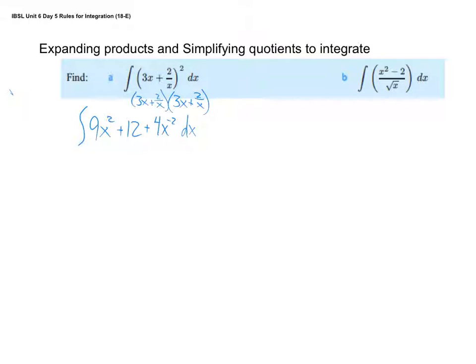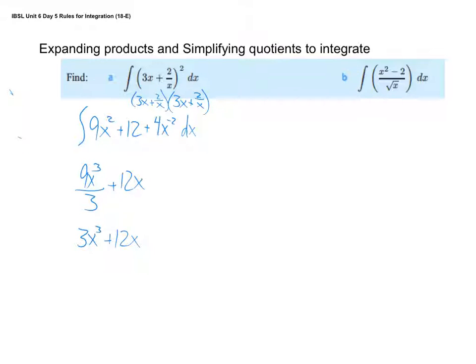So now we can take the integral of each part. What's the integral of 9x squared? 3x cubed. Okay? 9x cubed over 3, right? So 3x cubed. What's the integral of 12? 12x. Okay?